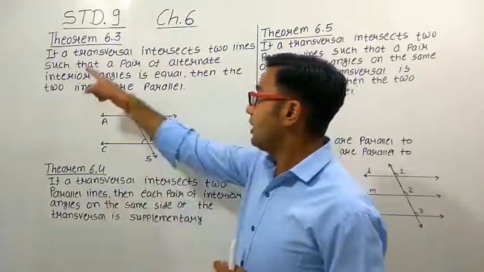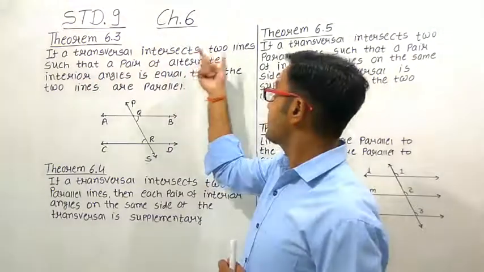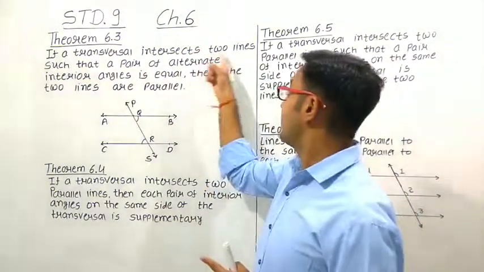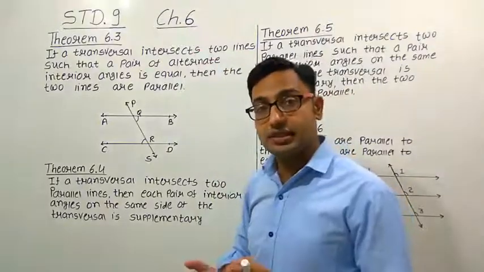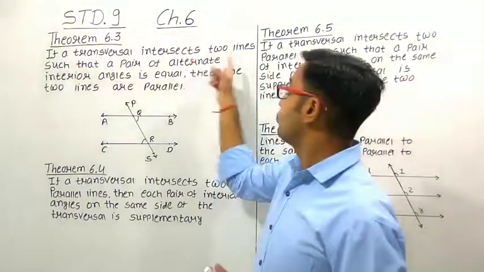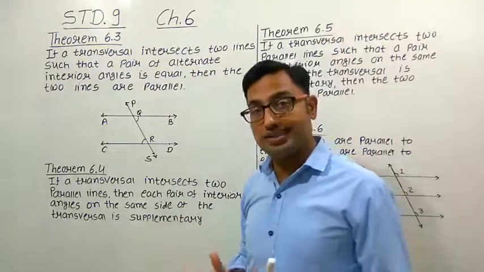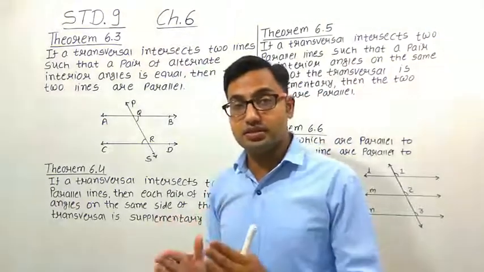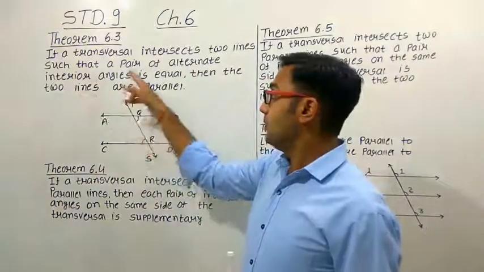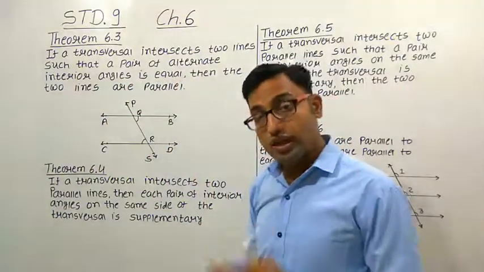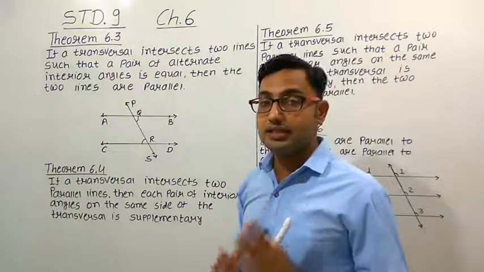Here it is given that a transversal intersects two lines; we have not said that the two lines are parallel, only the two lines. If the pair of alternate interior angles becomes equal, then we can say that both the lines are parallel.